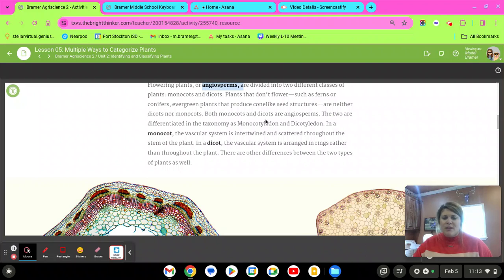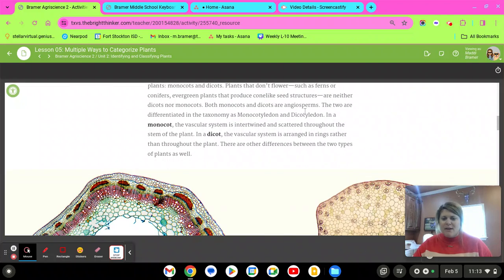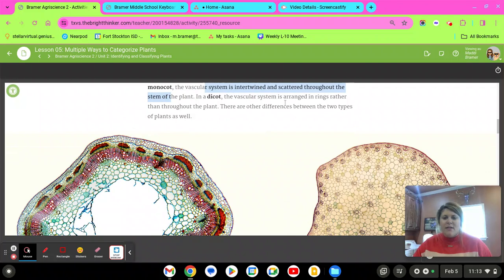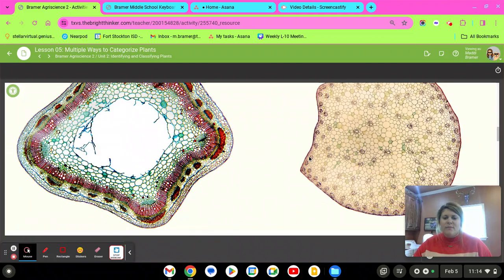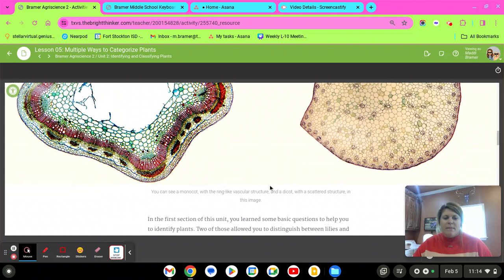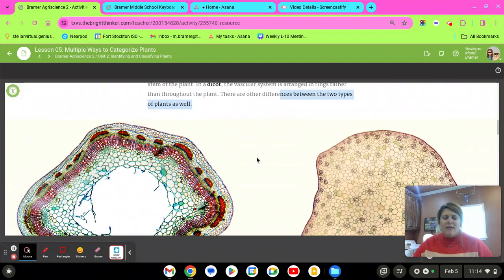The two are differentiated by monocotyledon and dicotyledon. In a monocot, the vascular system is scattered throughout the stem of the plant, and in a dicot, it's in rings.